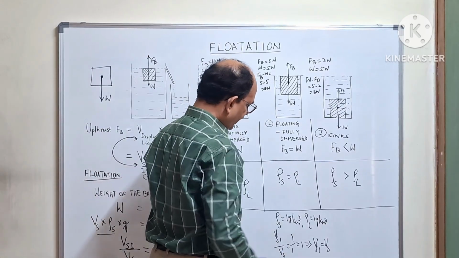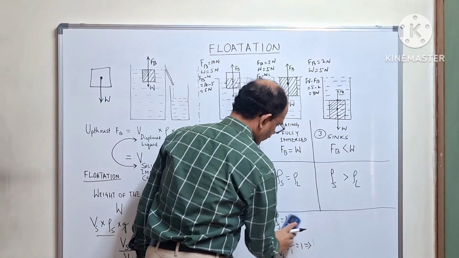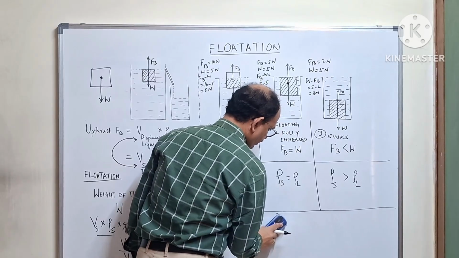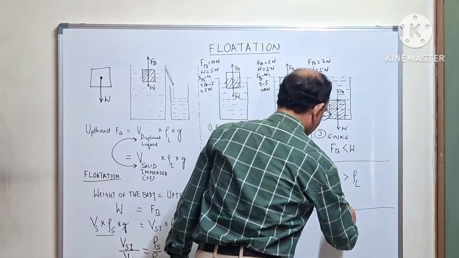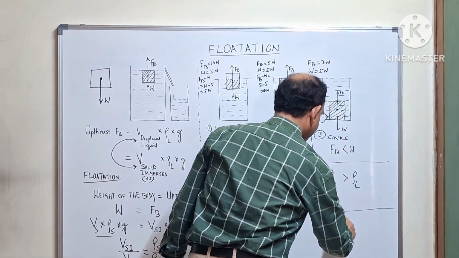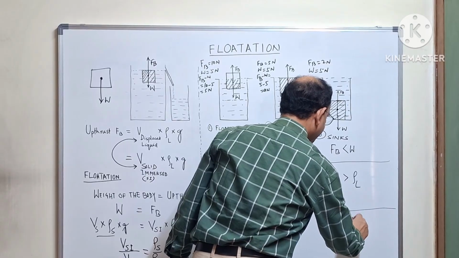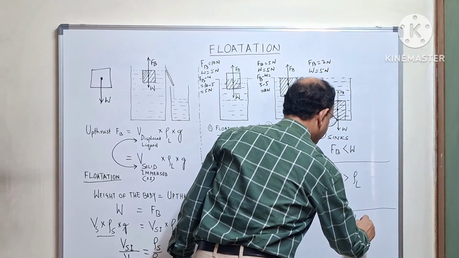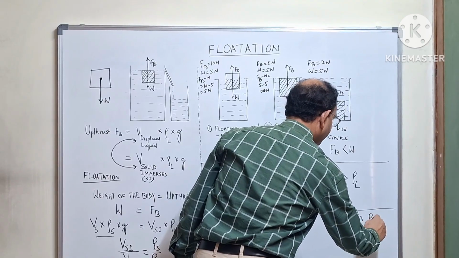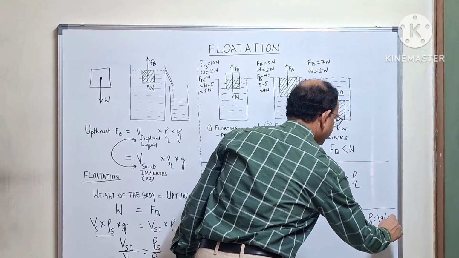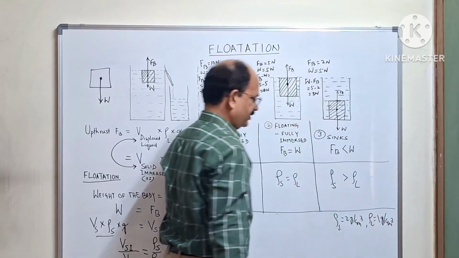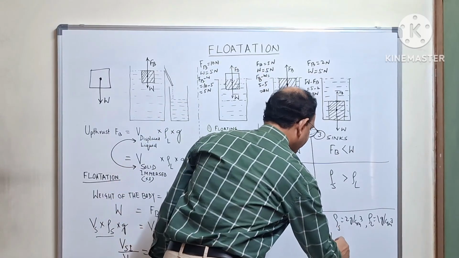But there is this scenario also where the density of the solid is greater. Say density of the solid is 2 gram per centimeter cube and density of the liquid is only 1 gram per centimeter cube, which is again water. So what happens in this scenario?